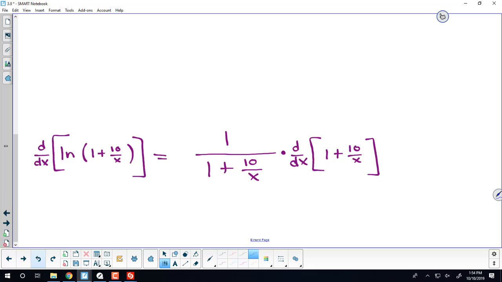Okay, so the derivative of 1 plus 10 over x, some people treated 10 over x as a quotient and did the quotient rule, which is totally fine. I think it's a little bit more efficient to think about 10 over x as just 10 times x to the negative 1, and that way we can just use the power rule on that.